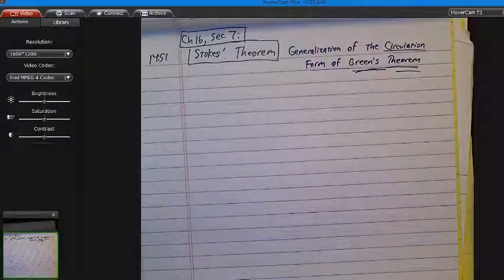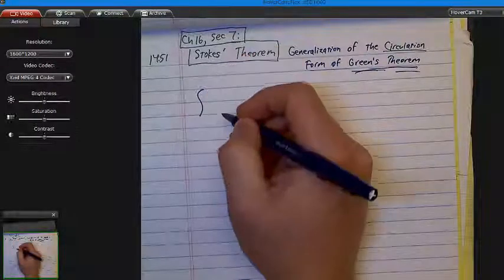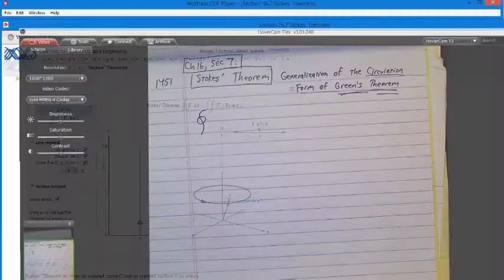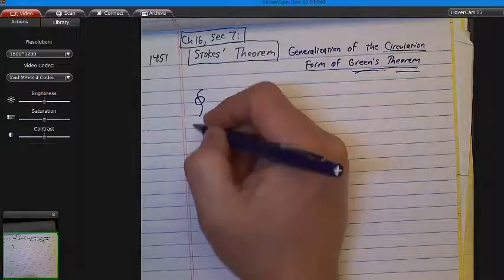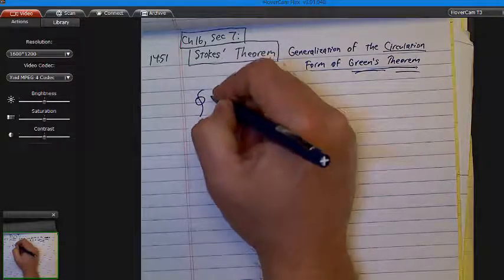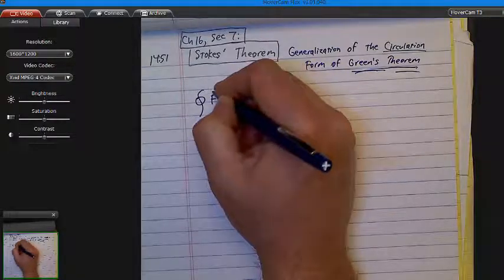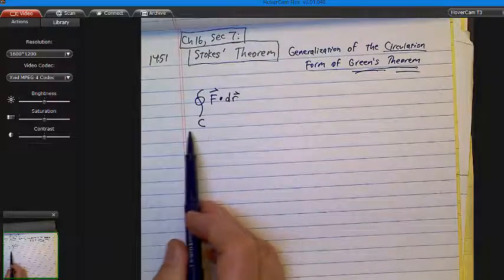Okay, so Stokes' theorem says, so we're going to write this. Wait a minute, was that exactly the same? Yes, it was. Well, that's kind of cool. The integral over C of F dot dr. That's exactly what we wrote down for Green's theorem.